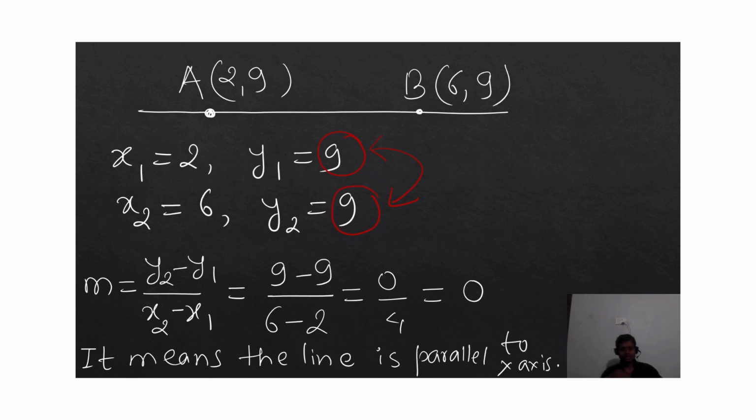There may be another condition. The x coordinate may also be equal. If the x coordinates of any 2 points are equal, what will be the scenario? Let us proceed towards that condition now. Let us draw a line.